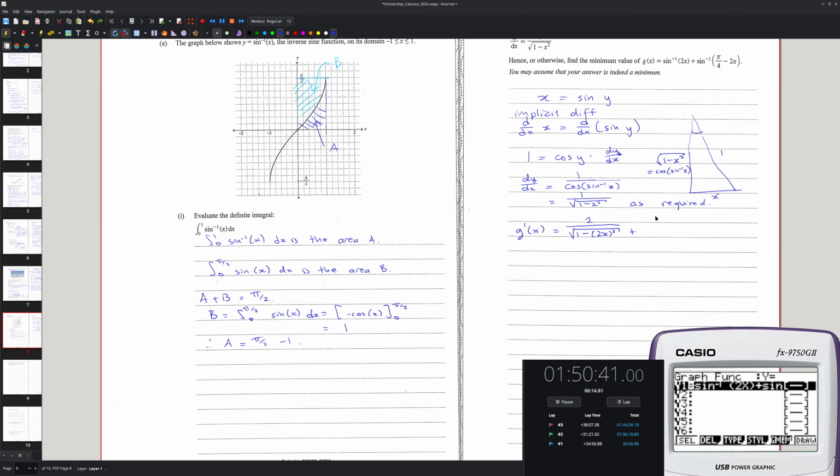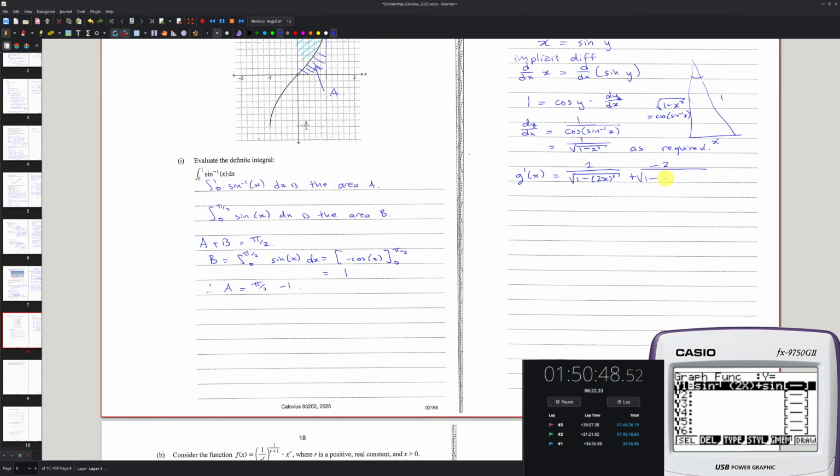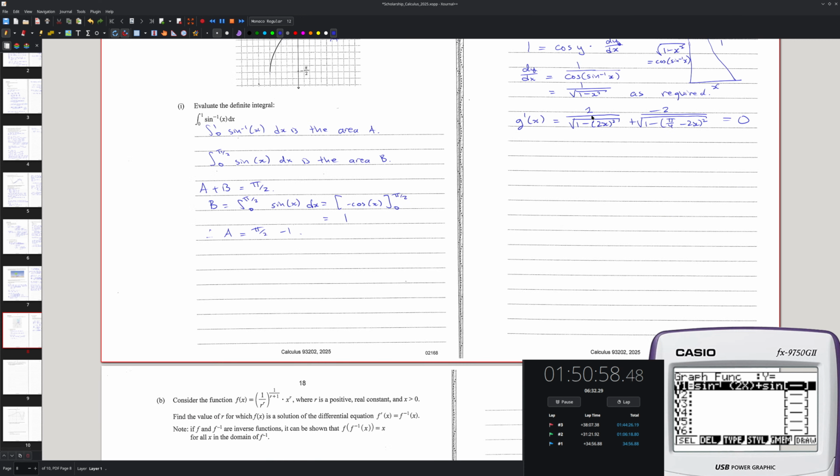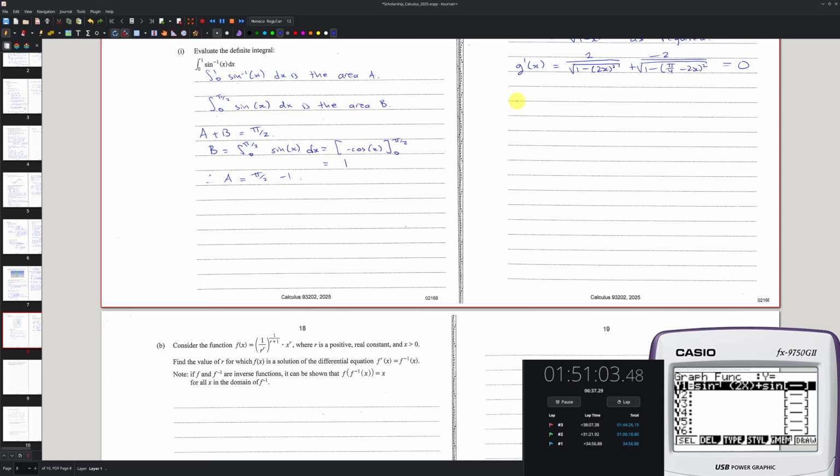So this is minus 2 over square root of 1 minus pi on 4 minus 2x squared, equals 0. Alright, so root of 1 minus pi on 4 minus 2x squared equals root of 1 minus 2x squared.